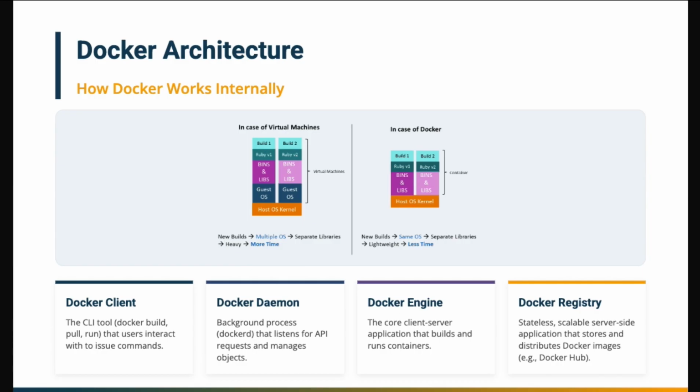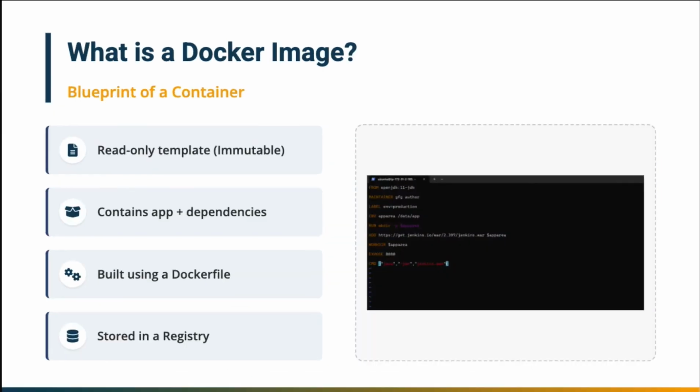Let's start by defining the most important blueprint in the system, the Docker image. The Docker image is the foundational concept we need to grasp. Think of it as a blueprint or recipe for your application environment. An image is a read-only template containing everything your application needs to run: the code, the runtime, and the tools and libraries.